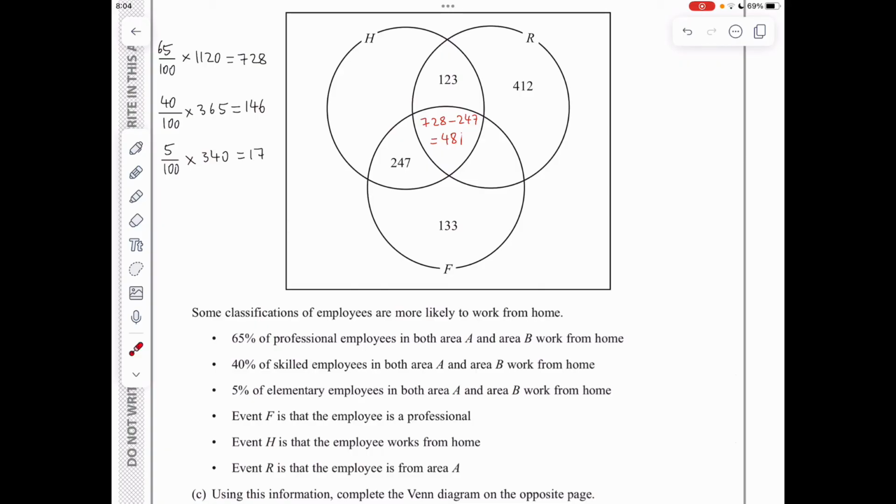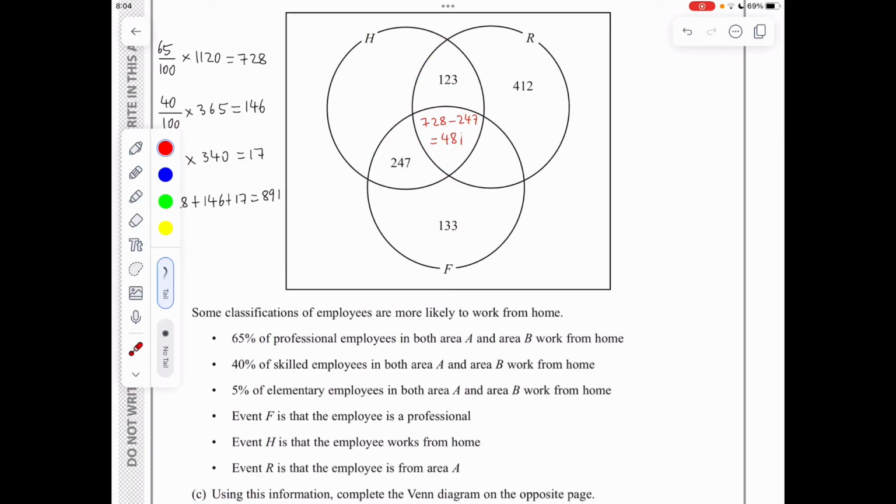So this means that if I add these three numbers up, I will be finding the total number of employees that work from home. So 728 plus 146 plus 17, this gives an answer of 891, which means that this region here should be adding up to 891.